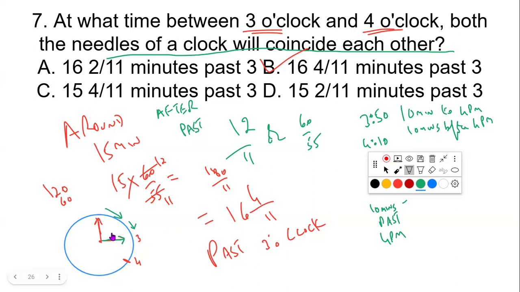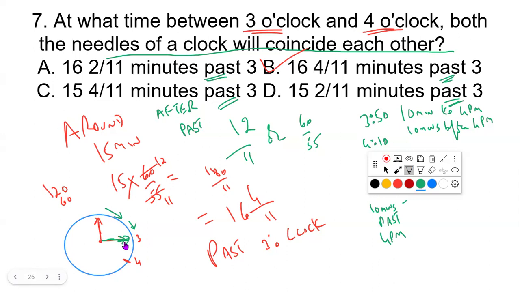So here also whatever you are going to get is going to be past 3 o'clock. It is not before 3. It is going to be after 3. So all the words given here are past, because it's going to happen after 3. So exactly when is the coincidence going to happen? Around 3:15, because if the minute hand is at 3, that is 15 minutes, and the hour hand is exactly at 3, the coincidence is gone.